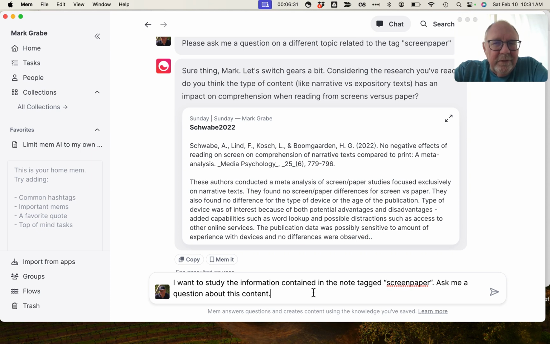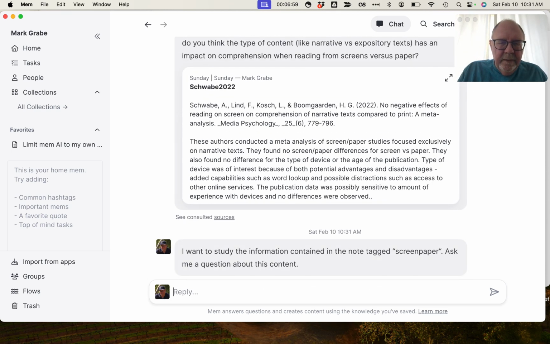And a second version of that controversy would be, are you better off taking notes on a laptop, which would be screen, or in a notebook, which would be by hand on paper? So anyway, that's just the general set of ideas that my notes on this topic address. So I'm going to ask, give me a question about this kind of topic.